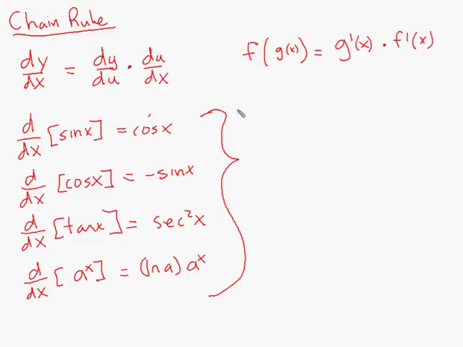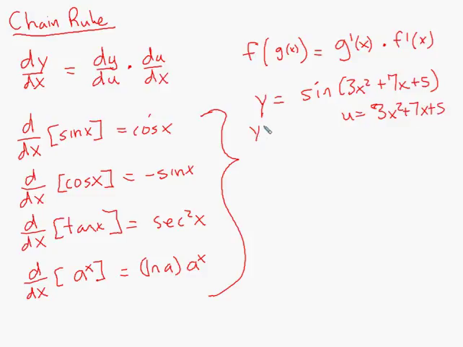So now we're going to apply the chain rule to this. Let's say y equals sine of 3x squared plus 7x plus 5. I want to find the derivative of that. I'm going to name u, and u is going to be 3x squared plus 7x plus 5.